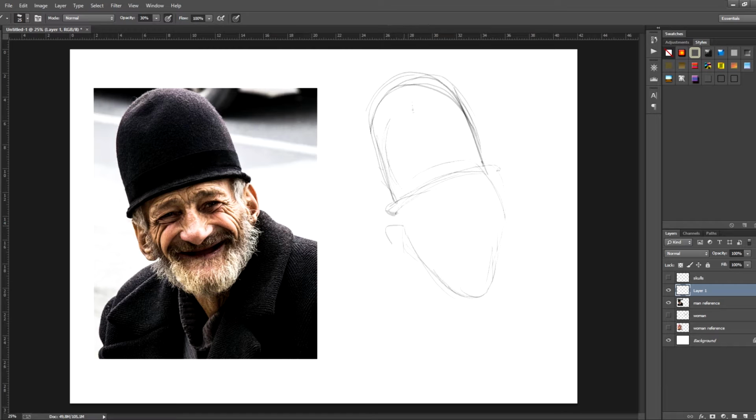The ears, remember, are quite large, and we'll draw them loosely as the skin loosens with age. The nose is also bigger, as this, along with the ears, are the areas that don't shrink with age.